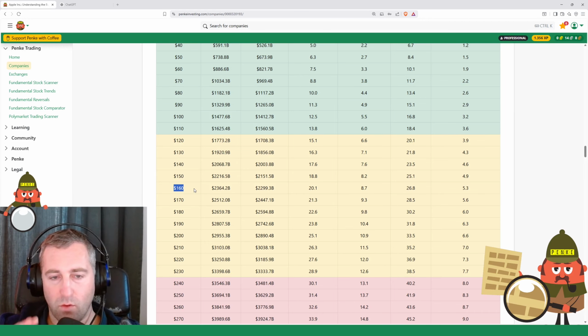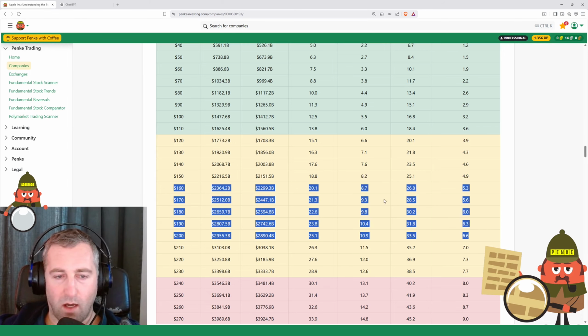Then you are going to use this tool with the price ratios you assume, and then you determine a beautiful price range. Hey, I'm going to scale in between $160 and $200 if the price comes there. If it doesn't come there, I won't buy.